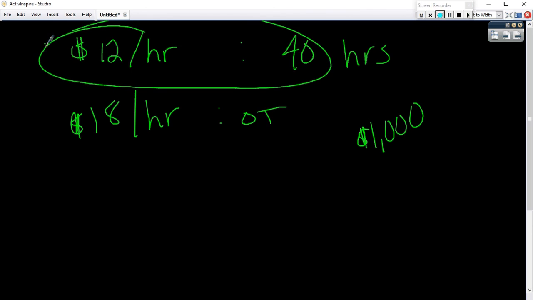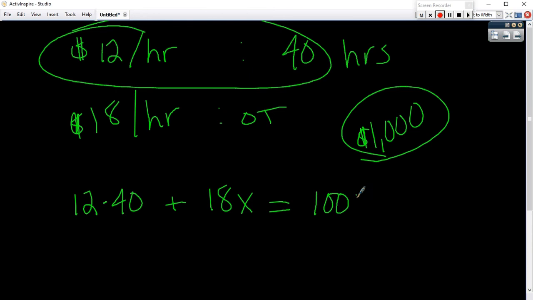If you're working overtime, you're definitely going to work for 40 hours. So $12 an hour times 40 hours plus $18 an hour times x. This is where my variable is because I want to know how many hours I need to work in order to make 1,000. And now can you solve that for x? I just want to make sure you can set these up because that's the hardest part about these problems is actually setting them up.